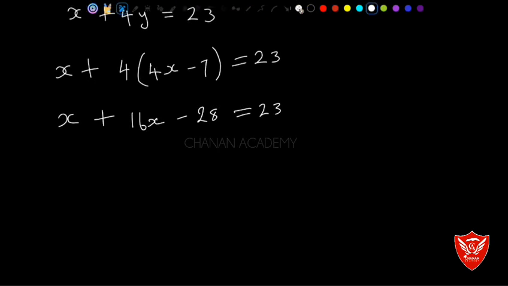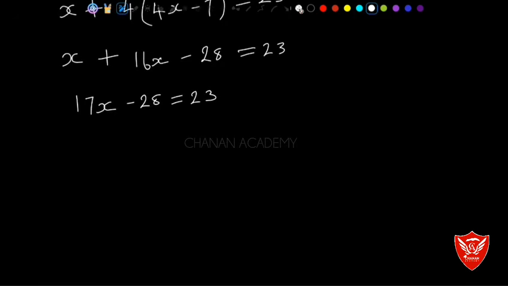Now we are going to have x plus 16x, which is 17x, minus 28 equal to 23. So 17x is equal to 23 plus 28. Now 17x is equal to 51.